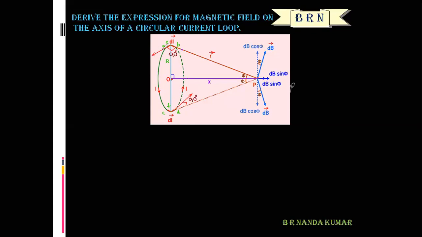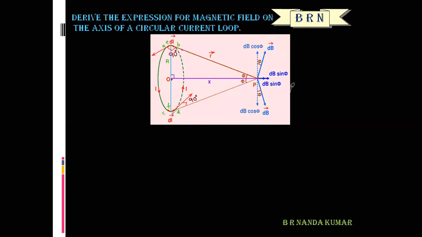The dl vector is always tangential to the circular path, so at point E we draw a tangent, directed away from the plane of the screen.